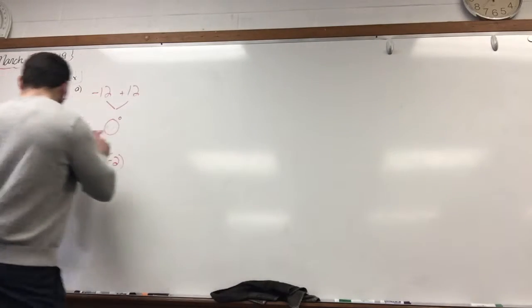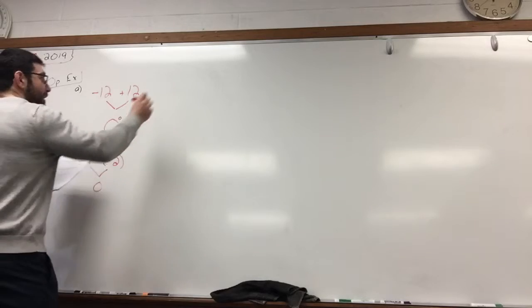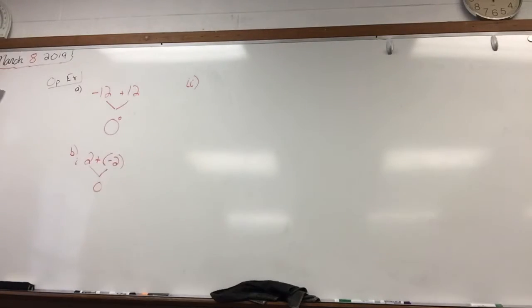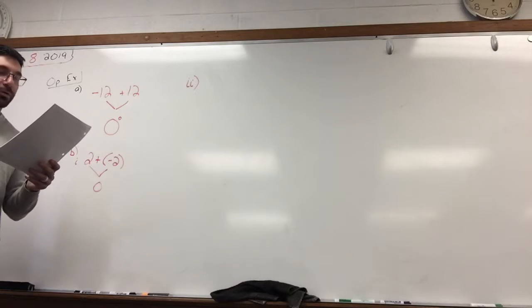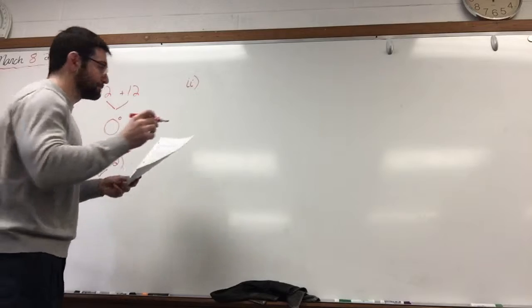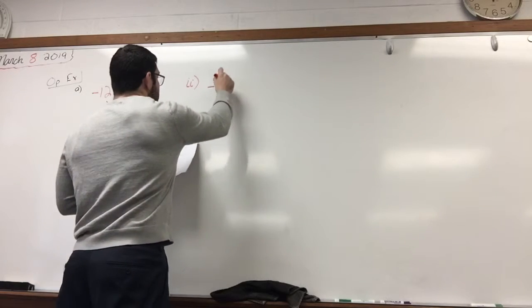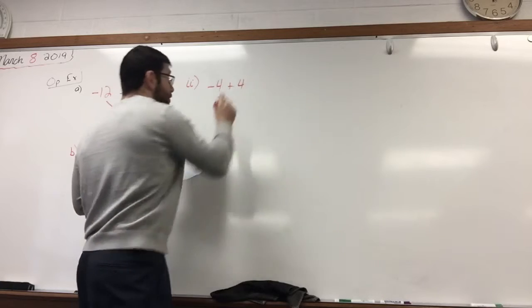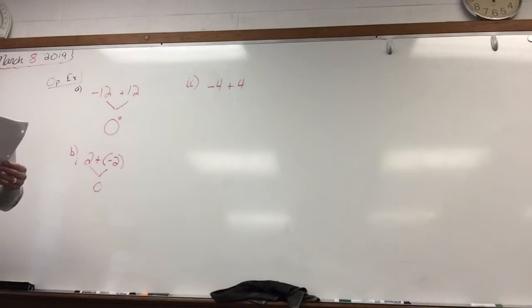Okay, so that was B, letter I. Kylie, now it says negative 4 minus a negative 4. How would I rewrite that as an addition problem? I did negative 4 plus negative 4. Negative 4 plus what? Plus 4. Good. What property does that look like?